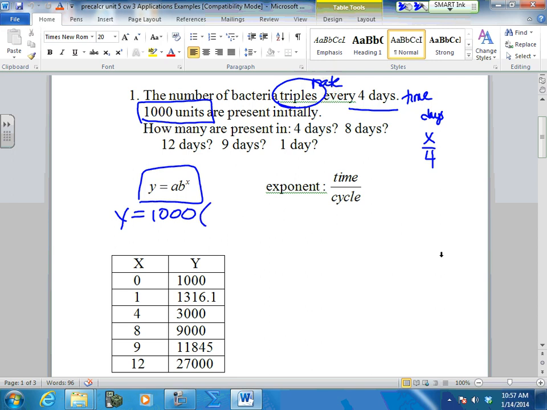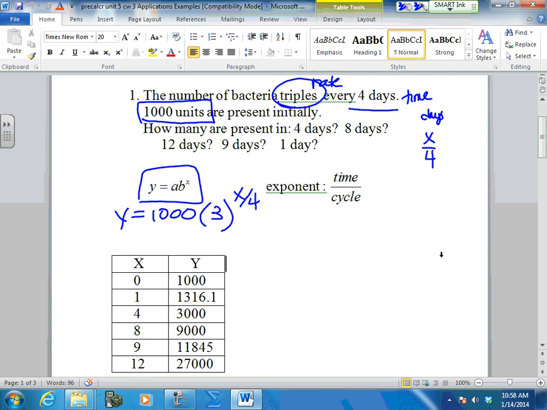What's my rate of change? 3, because I'm tripling, right? My time is in days. If I wrote just plain X, that means I'm tripling day 1, day 2, day 3. I'm tripling every day. But I want to triple every 4 days.